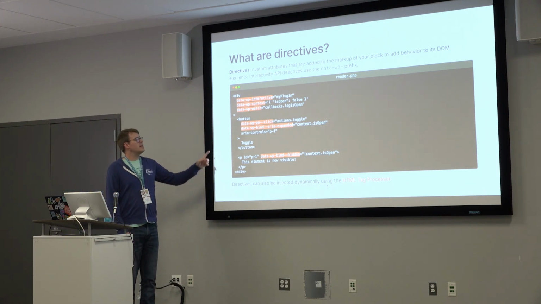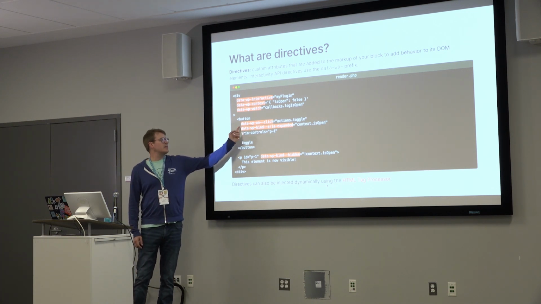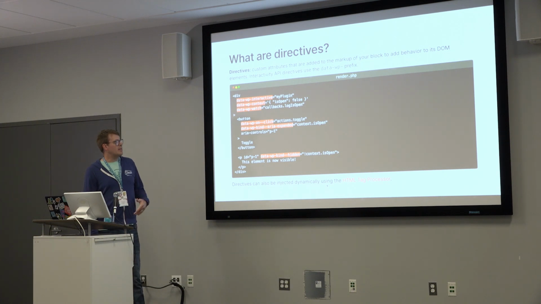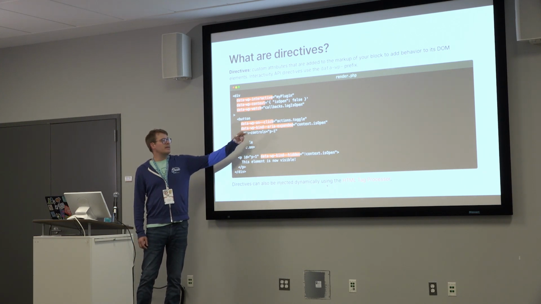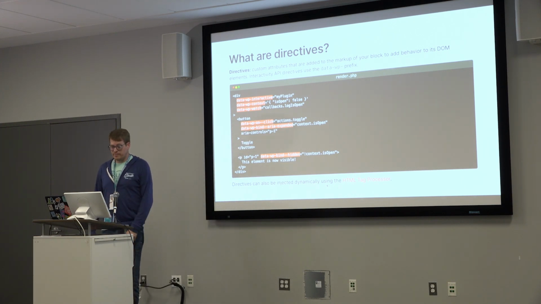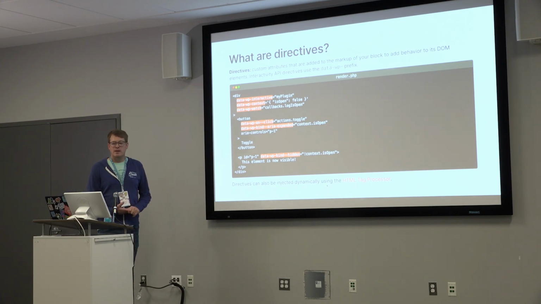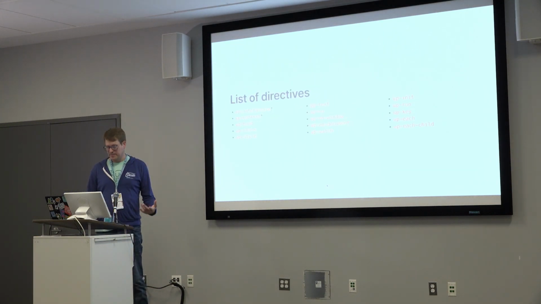A lot of these data attributes follow a common pattern, data-wp, and then it's usually followed by the directive's purpose, like bind, aria-expanded, and then there are a lot of on action handlers. So on click, on document, on window, on key press, keydown, and lots of others listed here.